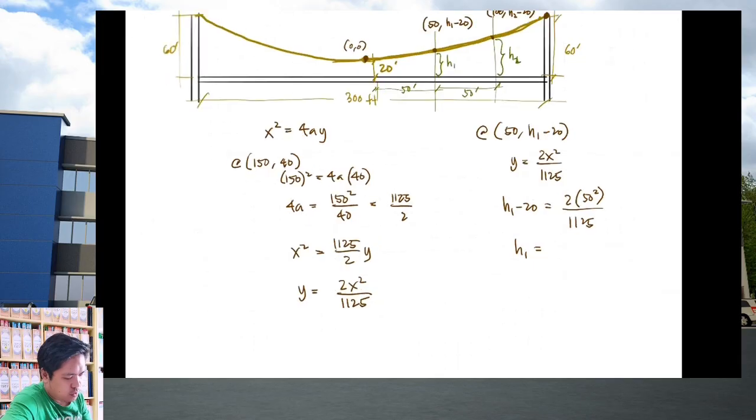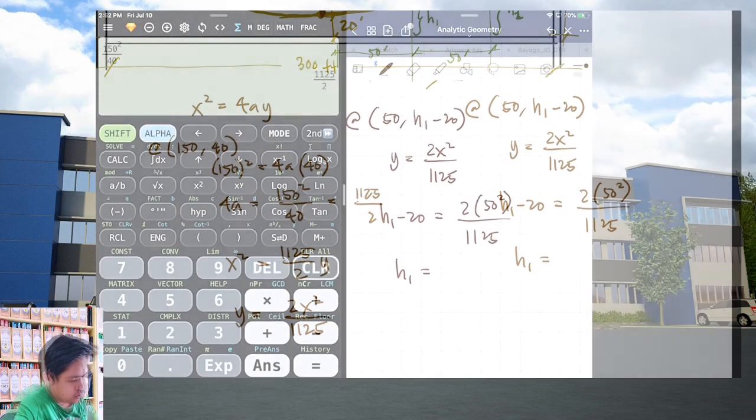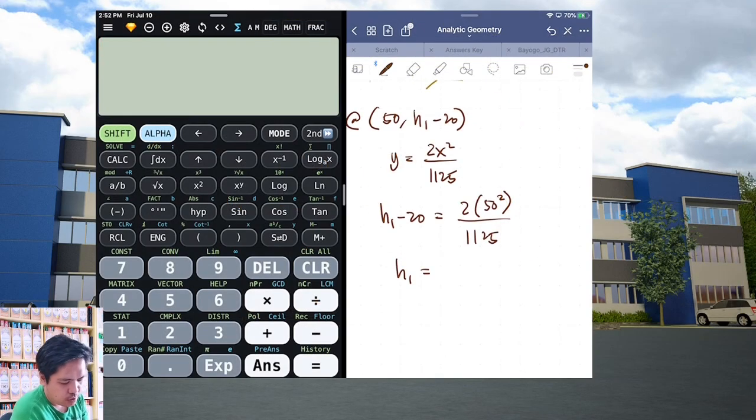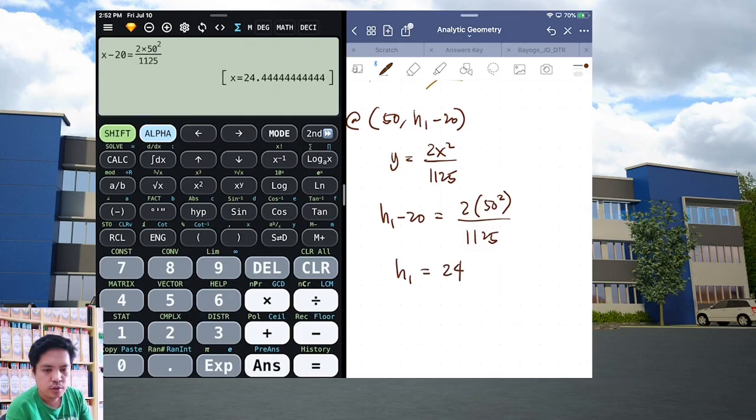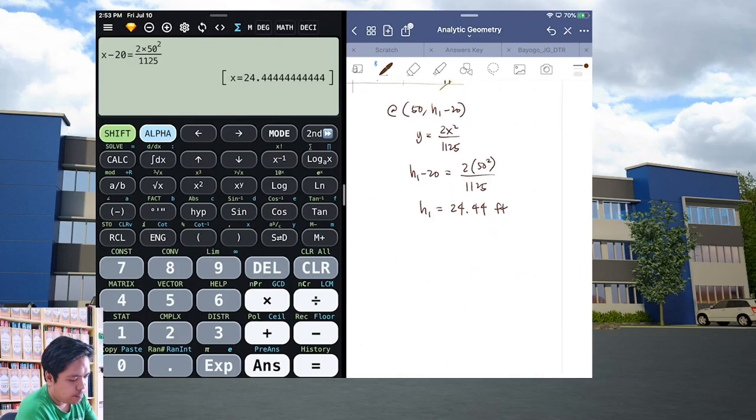So, let's just use a calculator for this. Okay, so yung h, gawin na lang natin unknown x. x minus 20 is equal to 2 times 50 squared over 1125. So the answer is 220 over, I'll shift solve. That would be 24.44 feet. So that's the answer.